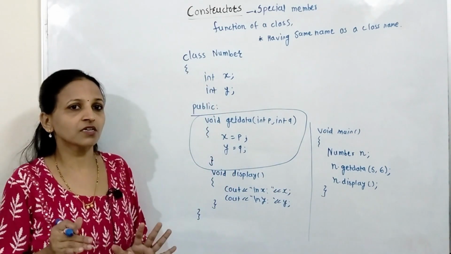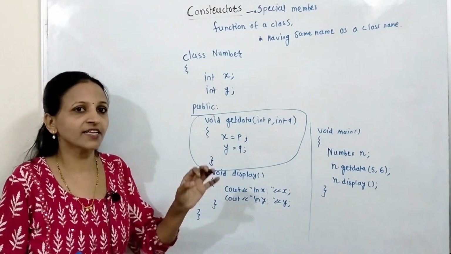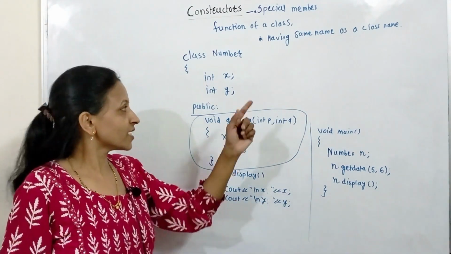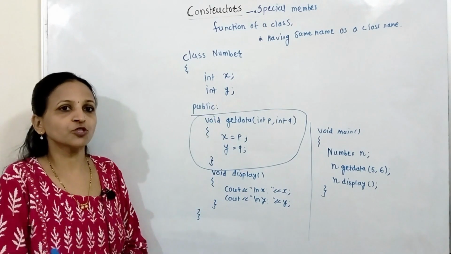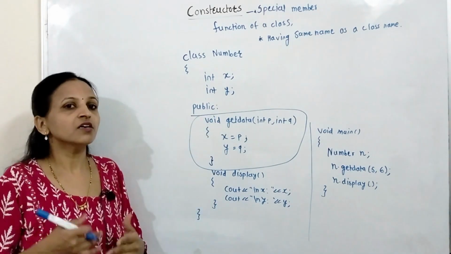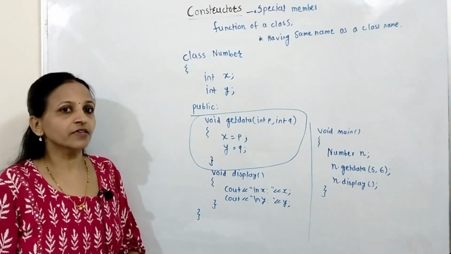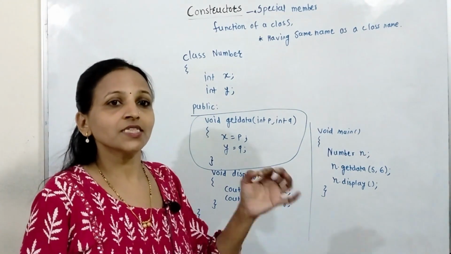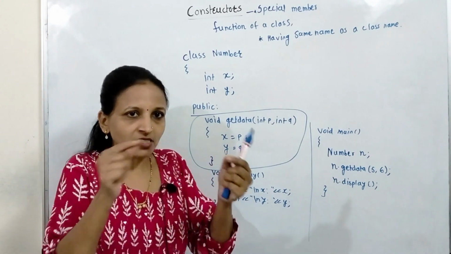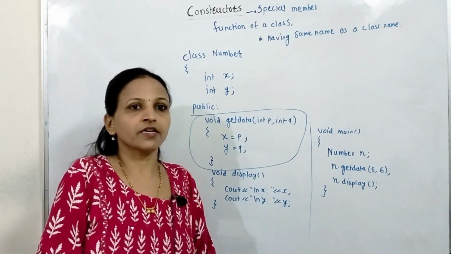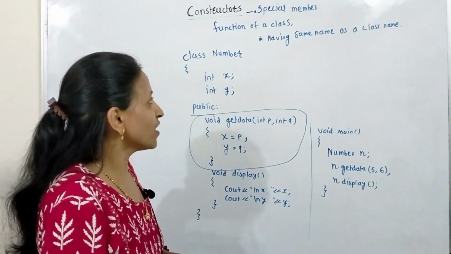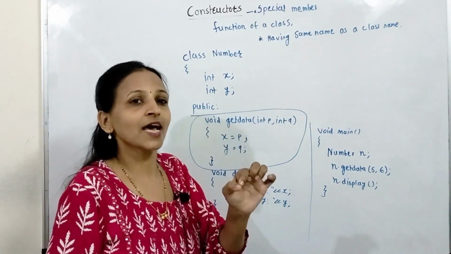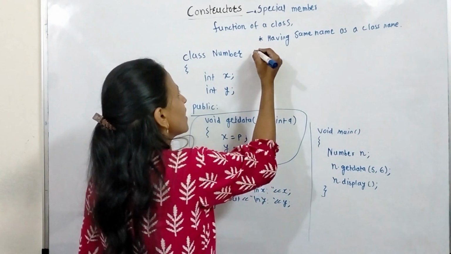This is the compulsion, that we write that special member function only to initialize data members of a class. Suppose you want to just display the data members, then you cannot use a constructor for that. The word constructor explains its meaning: construct means just create an object. That's why we use a constructor. Its purpose is to initialize data members of a class.